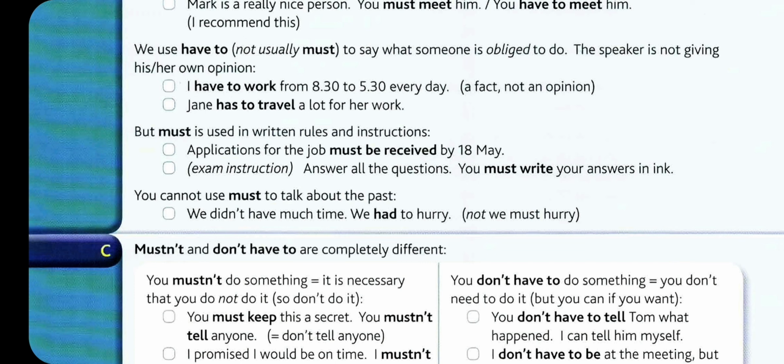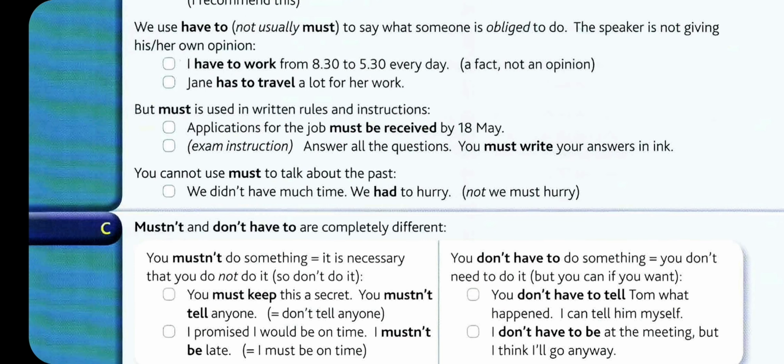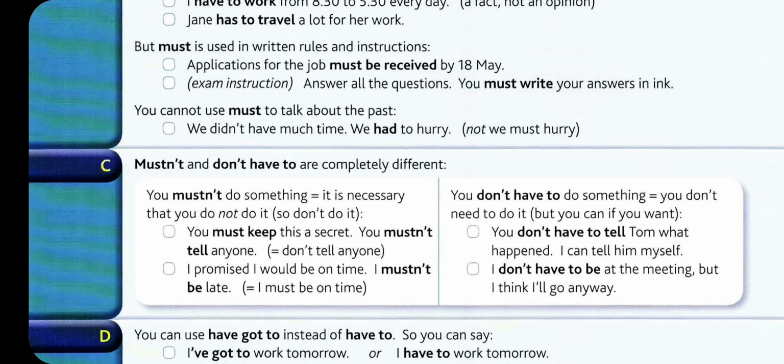But must is used in written rules and instructions. Students, here we use must in written rules and instructions. For example, when a teacher writes on the exam questions, you must answer 5 questions. Applications for the job must be received by 18 May.